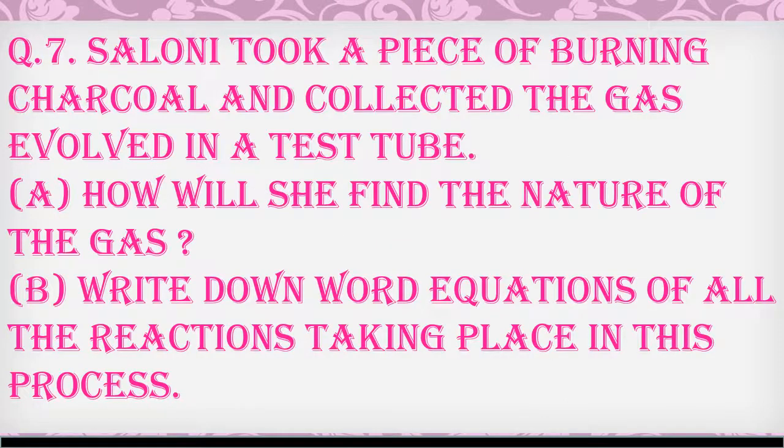Question number 7. Saloni took a piece of burning charcoal and collected the gas evolved in a test tube. A. How will she find the nature of the gas? B. Write down word equations of all the reactions taking place in this process.